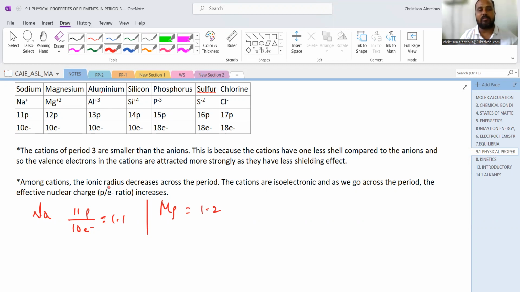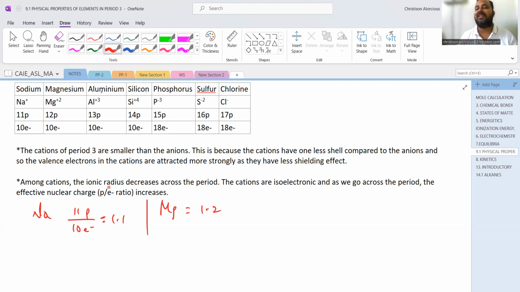But when you come to magnesium, the same 10 electrons being attracted by 12 protons. In aluminium, the same 10 electrons being attracted by 13, and in silicon, the same 10 electrons being attracted by 14 protons. So you find that the attraction just keeps increasing, and that basically means that the electron is going to be pulled a little closer because it's being attracted more.